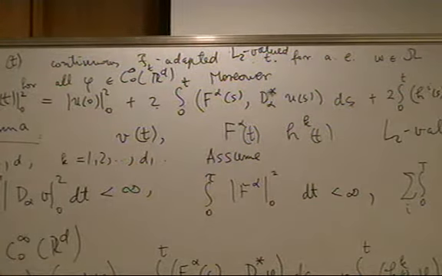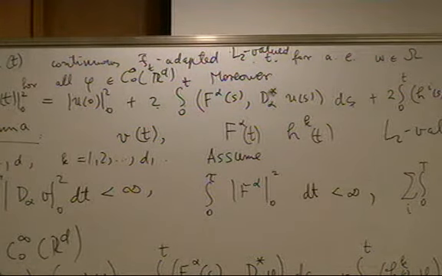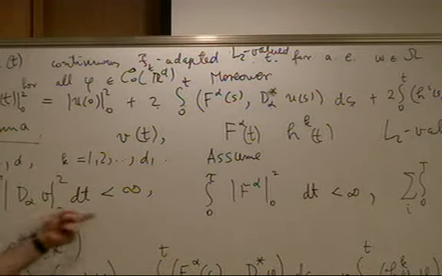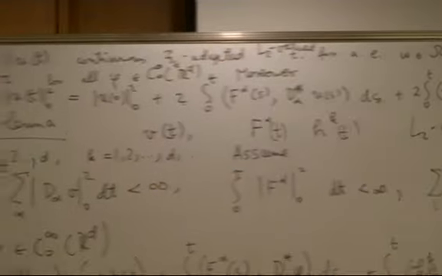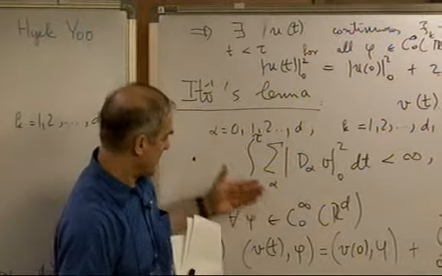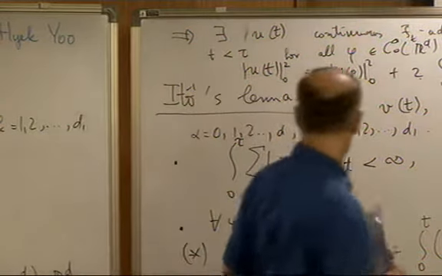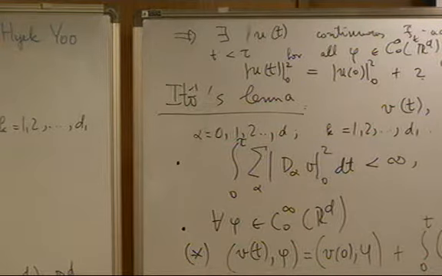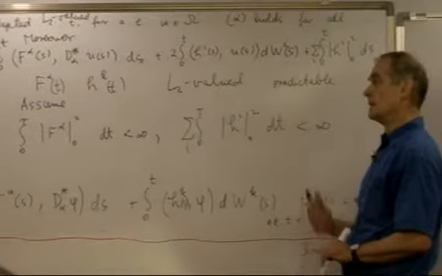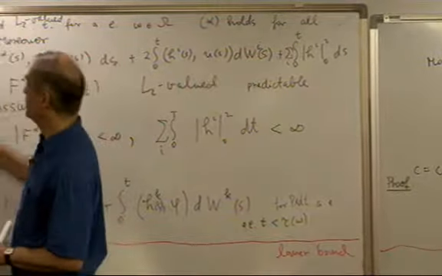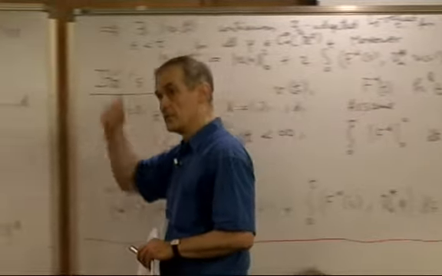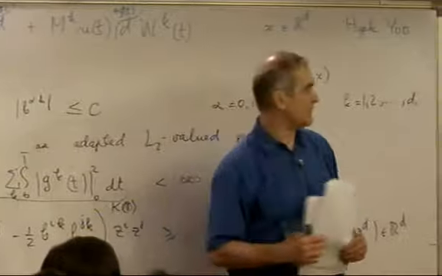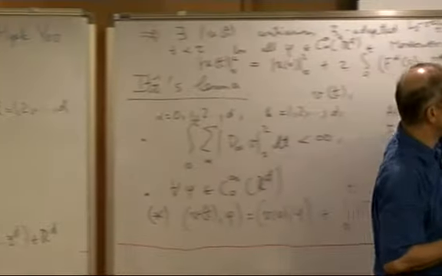So we started with an H1 valued process according to this one, but it doesn't have any time regularity. But because there is such a requirement for the differential, now that is only for dt cross P almost everywhere. But from these two, one can get a continuous version, with values in H, which satisfies the Ito formula.